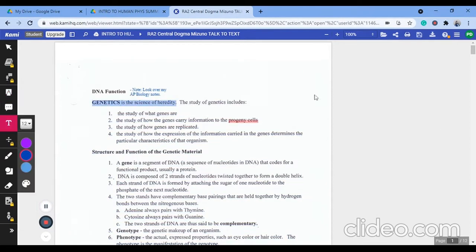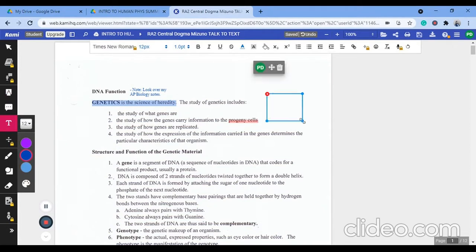Before I move on to the structure and function of genetic material, I'm going to put a question here at the side, because when I was reading this text, I wondered a few things about the function of genes and genetics and how they affect particular organisms such as humans.